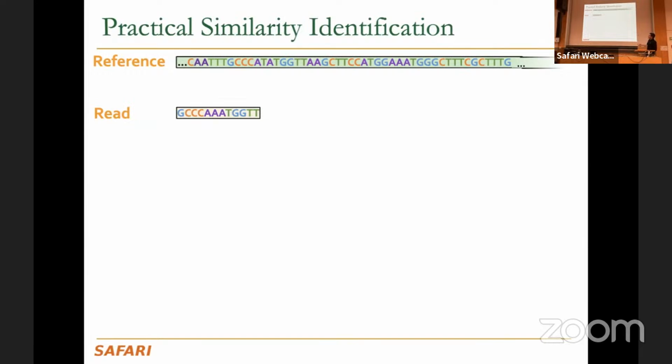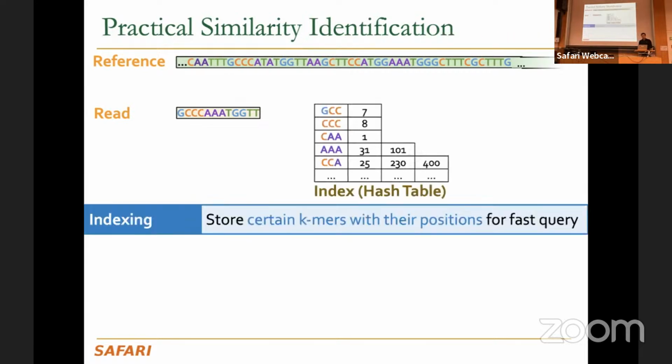Imagine we have this reference genome. This can be huge, right? Maybe 3 billion characters, and then you have your read. What we initially do is store certain subsequences from the reference genome inside a data structure that we call a hash table, or an index as well.